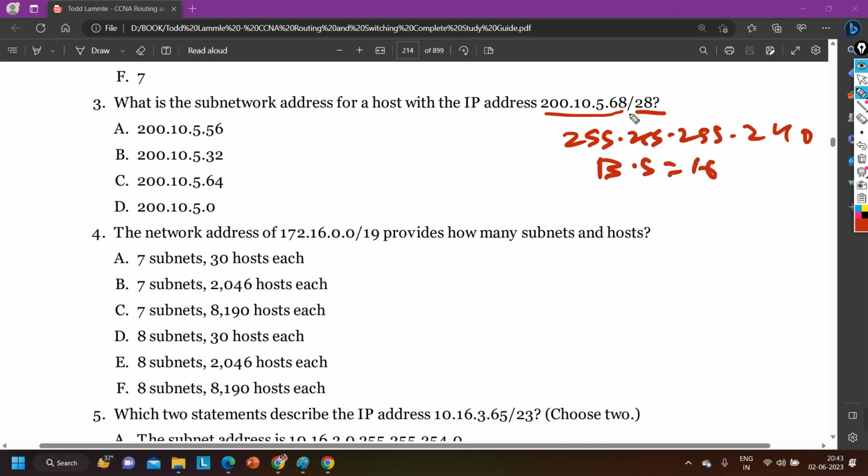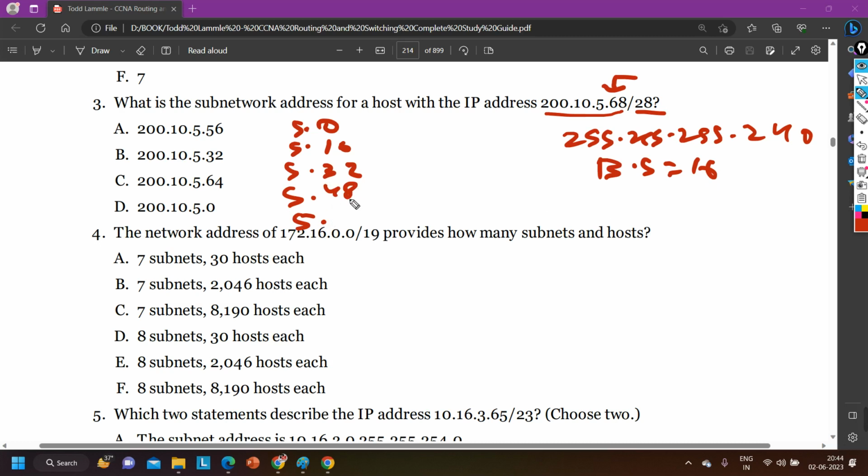Now you need to find the nearest number divisible by 16 that is nearest to 68. That will be your network ID. Because your first network will be 5.0, second network will be 5.16, third network will be 5.32, fourth network will be 5.48, then 5.64.